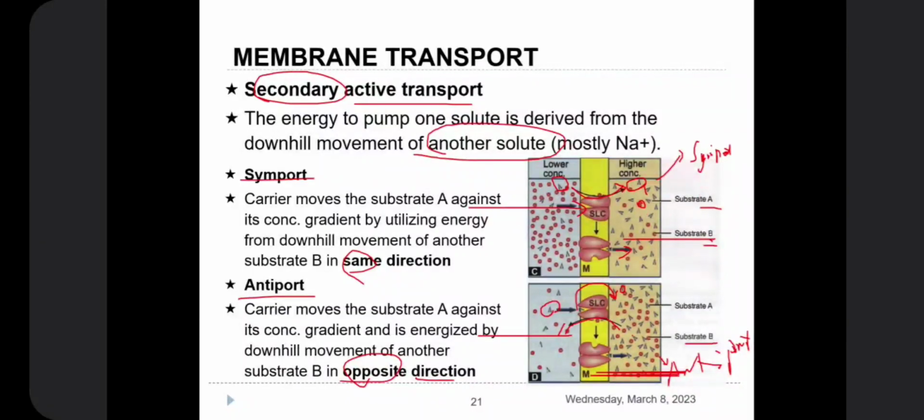Both of them are secondary active transport, because the energy for substrate A's movement comes from substrate B. Okay, this is about active transport. Let's review: it has two types, primary active transport and secondary active transport.